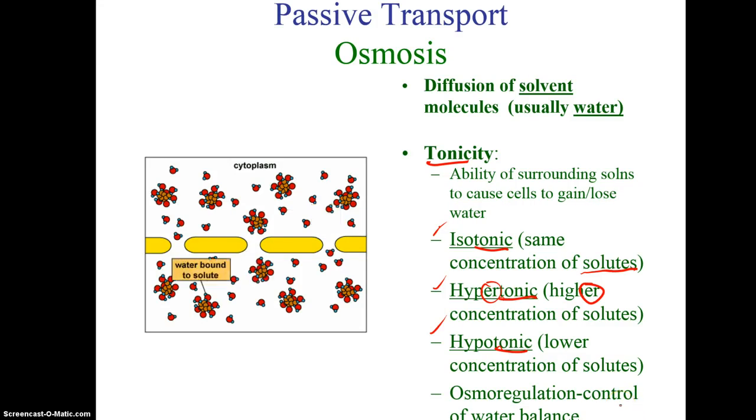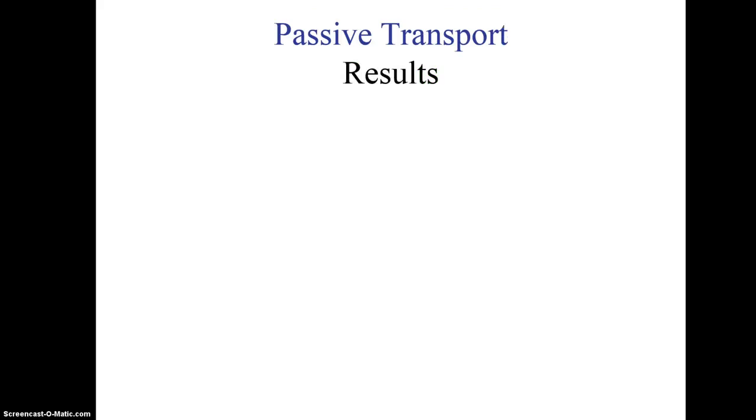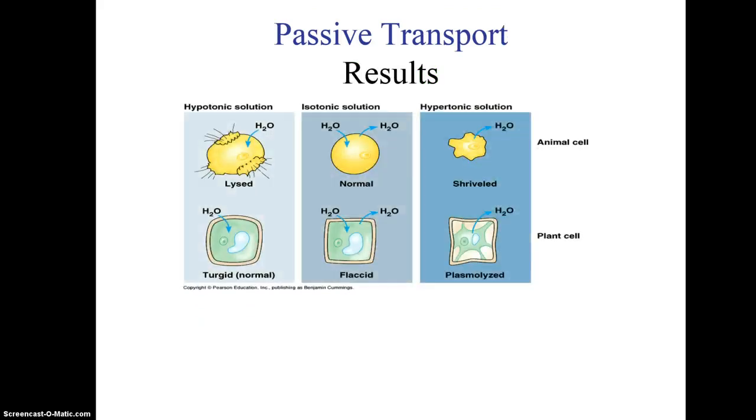Okay, and then this big word here, osmoregulation, that is the control of water balance. Osmoregulation becomes really important because if a cell is put into a hypotonic solution, hypotonic means that its concentration of solutes is going to be lower than it is inside the cell.